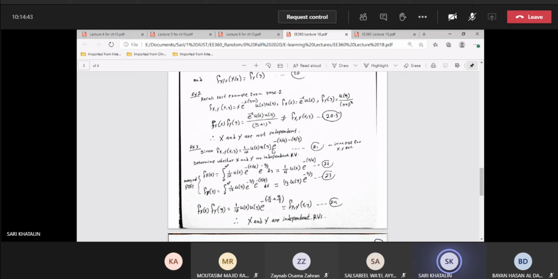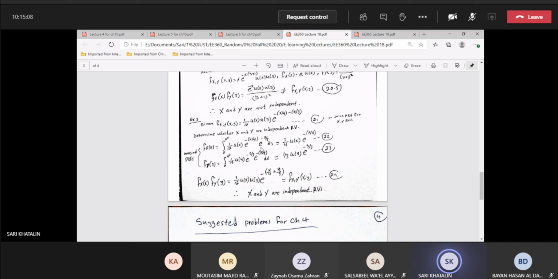Now if we take these two marginal PDFs, f of x and f of y, and multiply them by each other like this, the end result is not going to be equal to this joint PDF, which means in this case x and y are not independent. If they are equal, then they are independent.